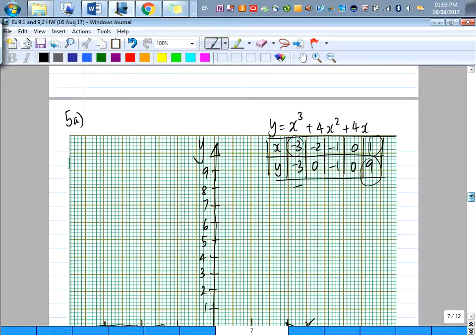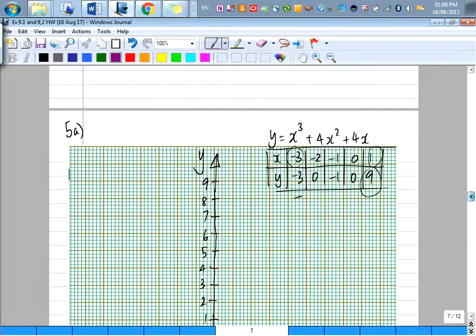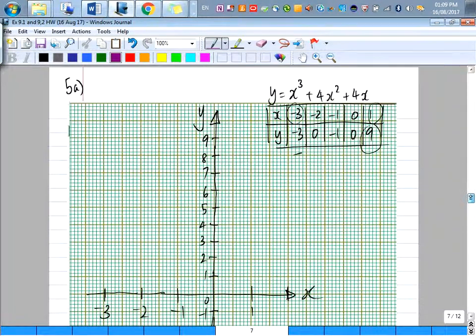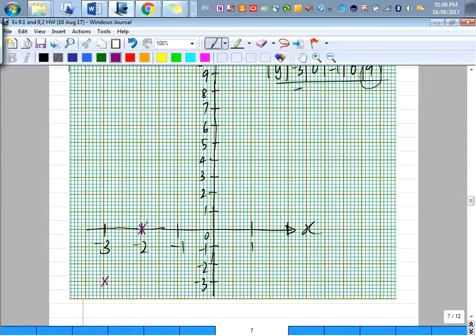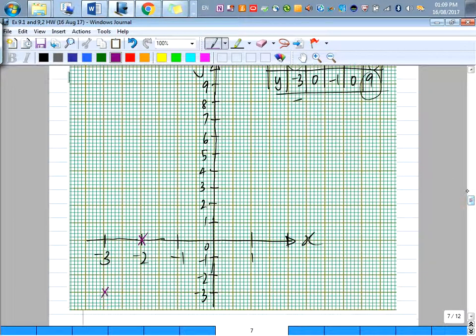Okay, time to plot. When x equals -3, y equals -3. 1 point. When x equals -2, y equals 0. x equals -1, y equals -1.